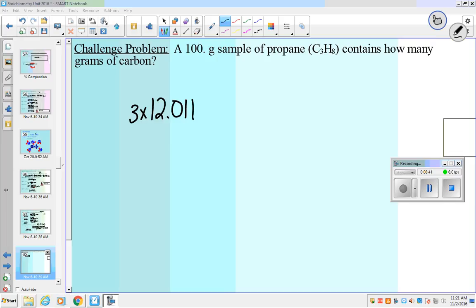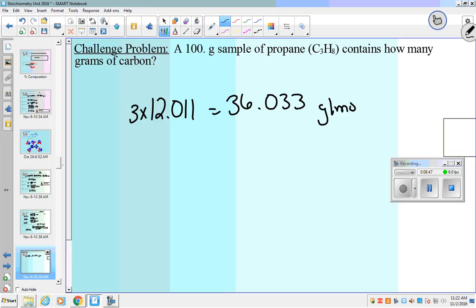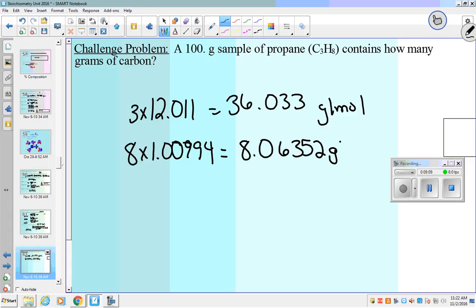That's going to give me 36.033 grams per mole for the mass of my component. To get the mass of my hydrogens, 8 times 1.00794, the mass coming from hydrogen is 8.06352 grams per mole.